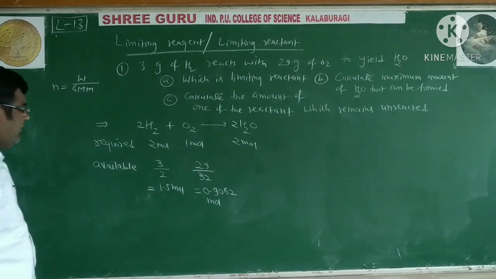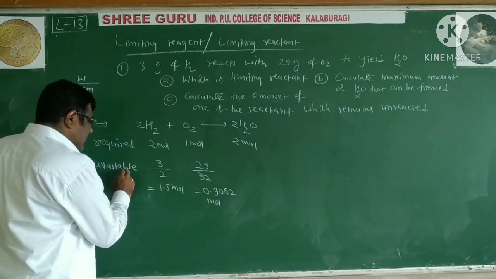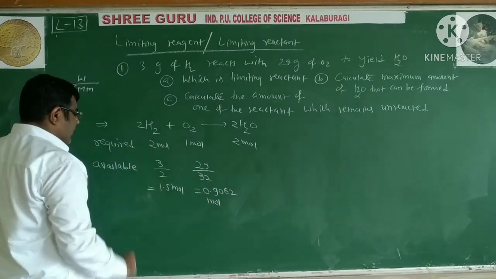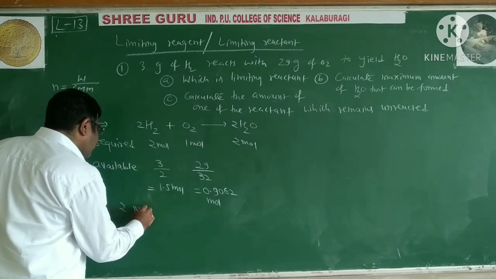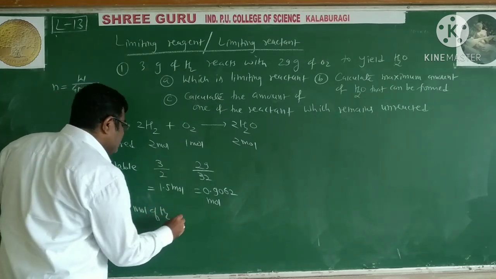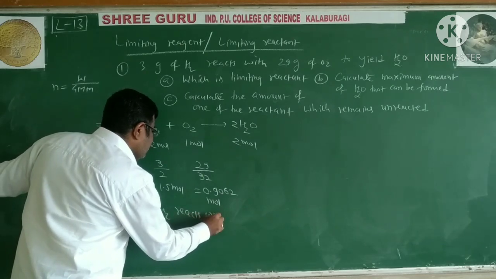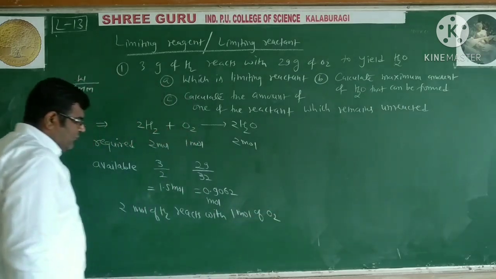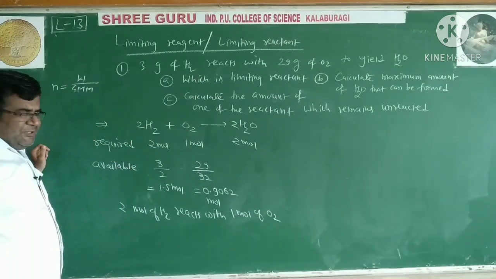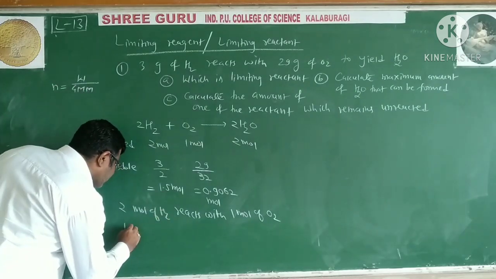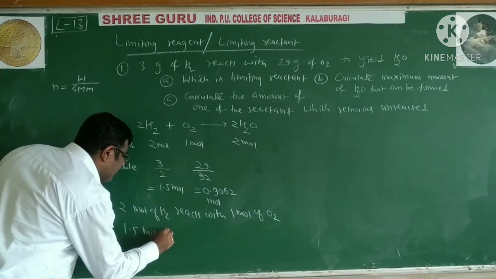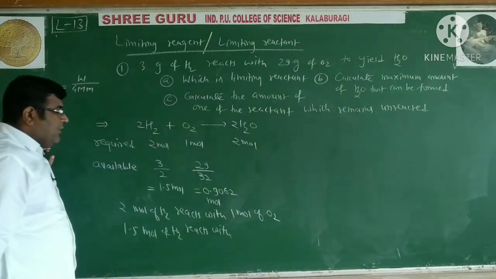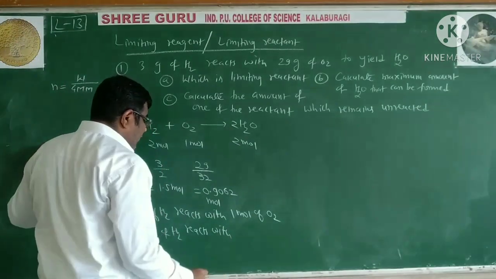Now we can say this is the available: 0.9062 mole oxygen and 1.5 mole hydrogen. We can say 2 mole of hydrogen reacts with 1 mole of oxygen. From where have we written this? From the balanced equation. How many moles of hydrogen do we have? 1.5 moles of hydrogen reacts with how many moles of oxygen?